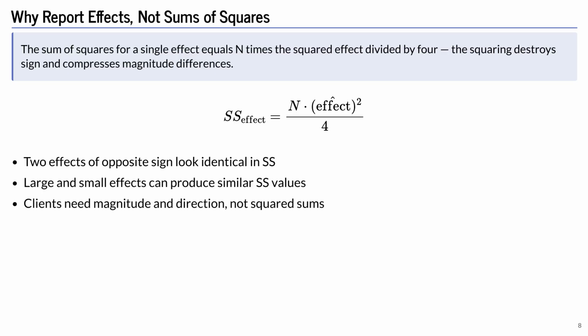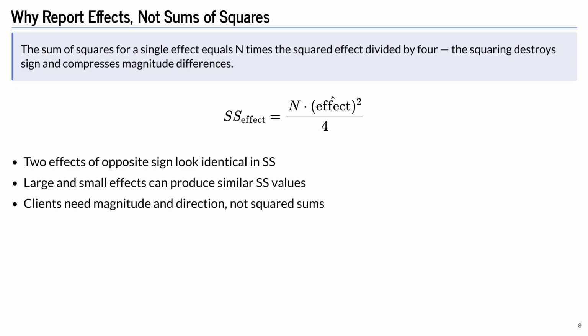Before we run those tests, I want to make a point about reporting that matters enormously in practice. You will often see experimental results summarized only as an ANOVA table, a column of sums of squares, F statistics, and p-values. That table is useful for significance testing, but it destroys 2 critical pieces of information. The sum of squares for an effect equals n times the squared effect divided by 4.